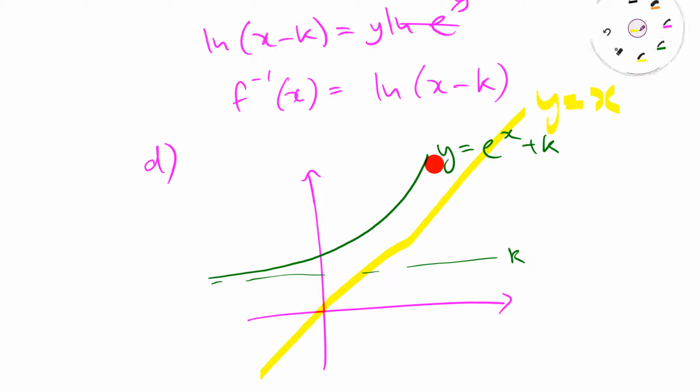It said do a sketch, which means find out where the graph crosses the axes, as well as drawing asymptotes. What is that y-intercept going to be? k. The asymptote is k.